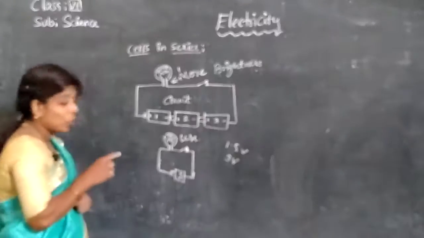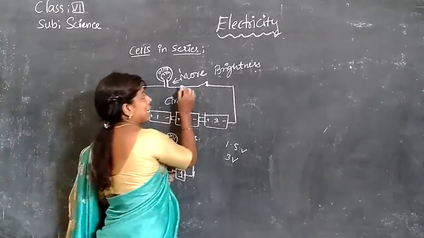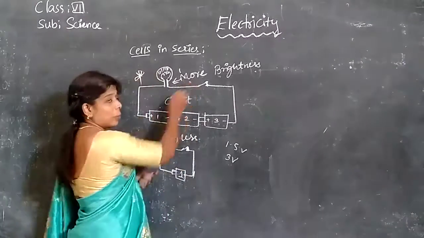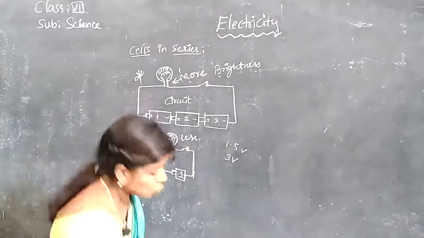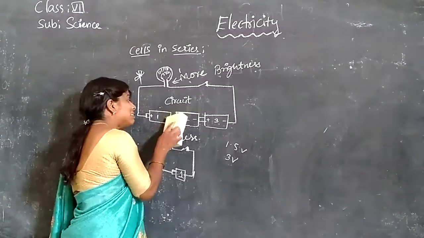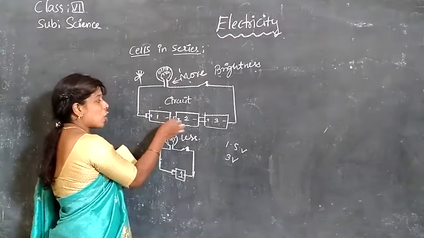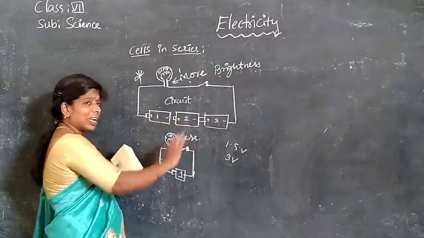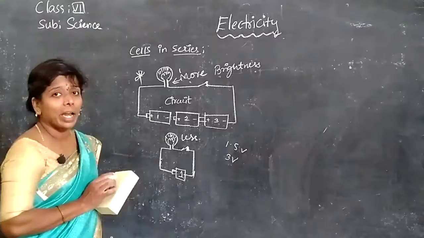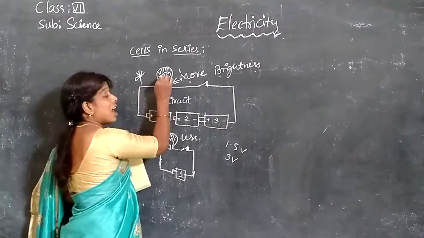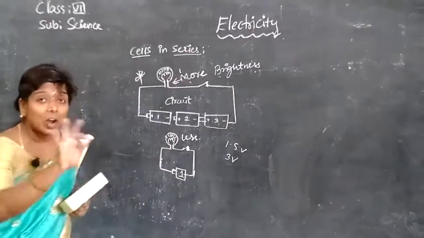Brightness is more, and the important thing is, you are getting more brightness, no? Now suppose you are missing this connection, if these are not in touch, anywhere broken, the bulb will not glow.